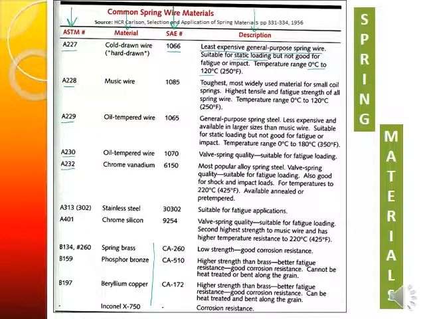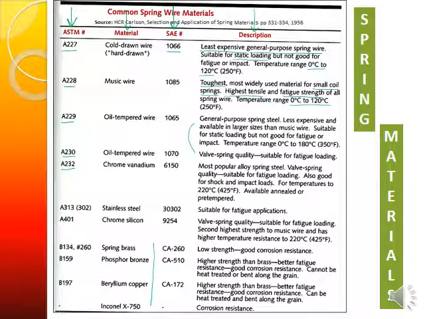If you want high toughness, this is the spring wire that you use, but you will use it to make small coil springs. It has high tensile and high fatigue strength, and again it works in a temperature range of 0 to 120 degrees.